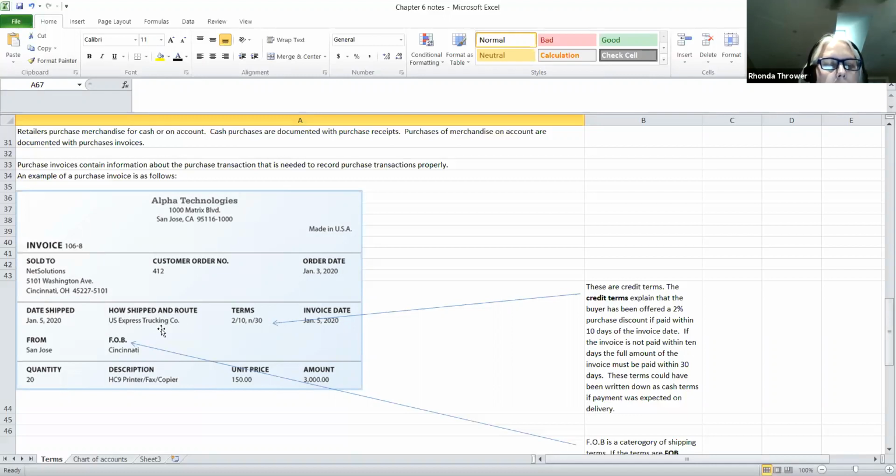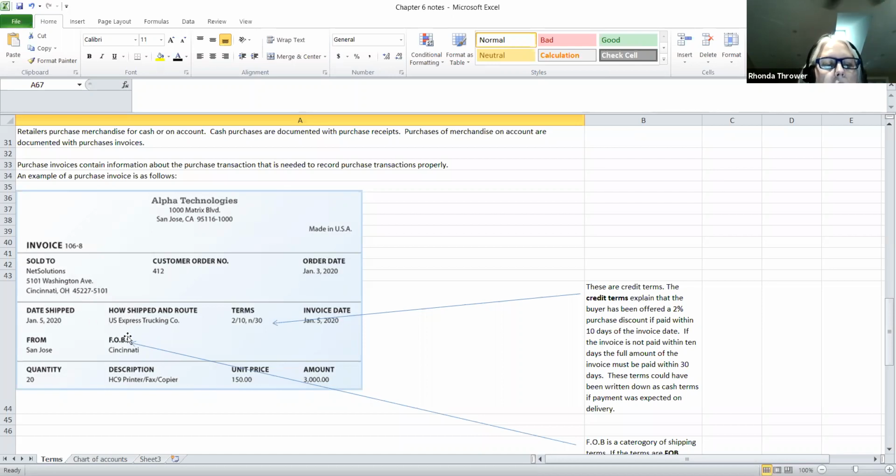That's the name of the shipper. And it's going to be coming from San Jose, which is where the seller was located. And it's going to be sent to Cincinnati, which is where we as the buyer are going to be located.